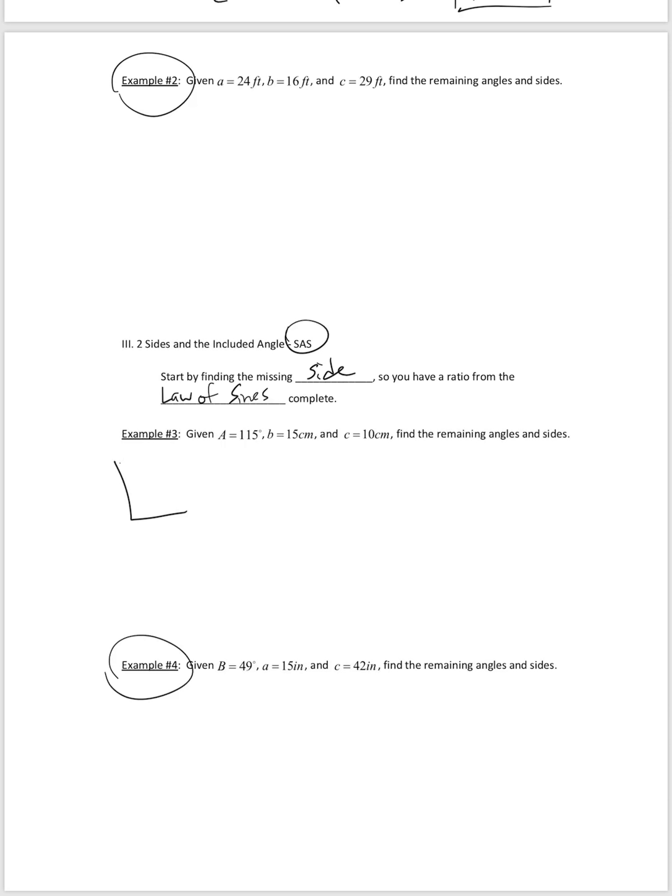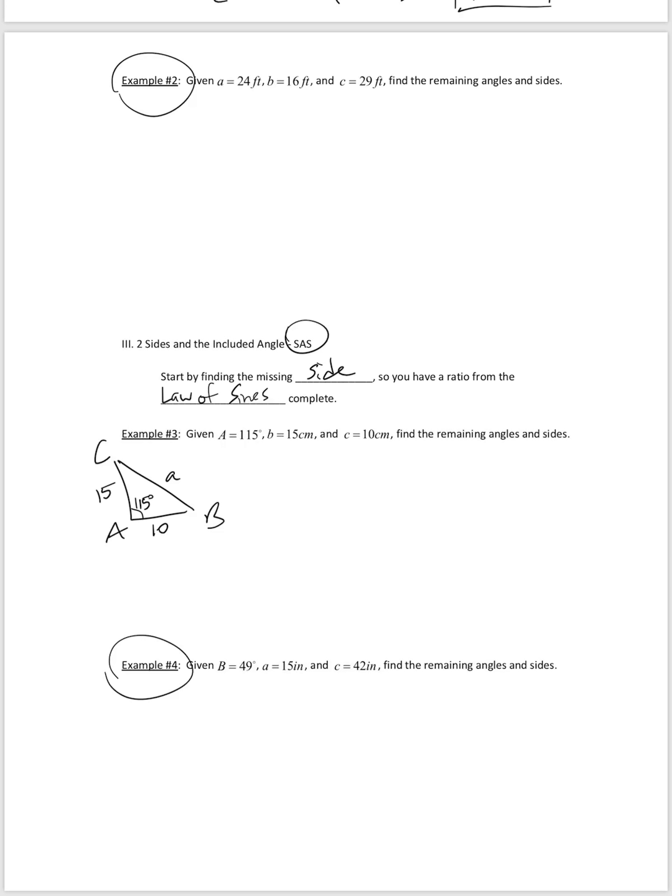A is 115 degrees, so that's an obtuse angle. And then B is 15 centimeters, C is 10 centimeters, and I don't know A. So just by looking at this triangle, that's why I tell you to draw it, I know I have a side length, another side length, and the included angle, the angle between them.